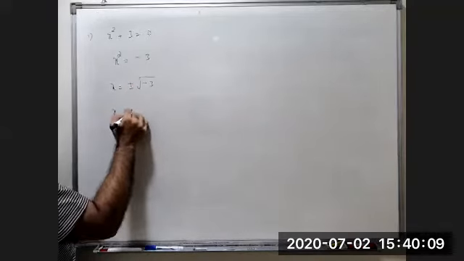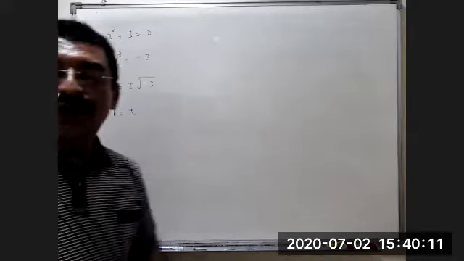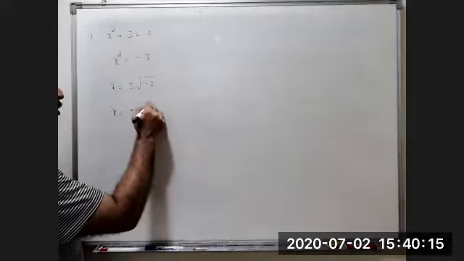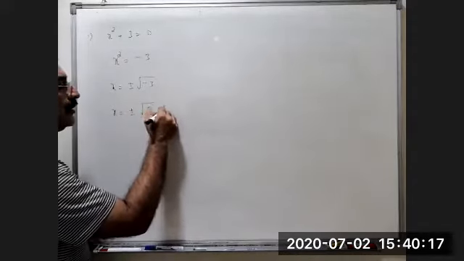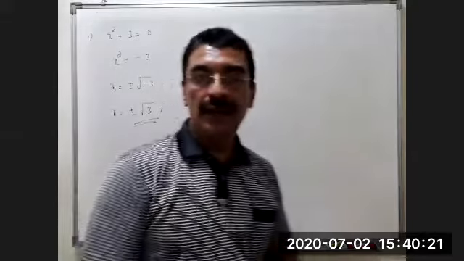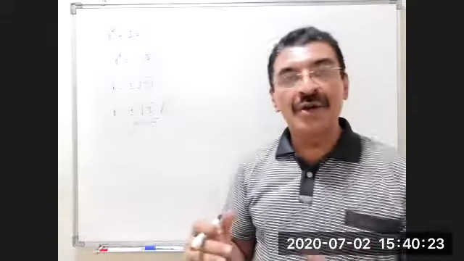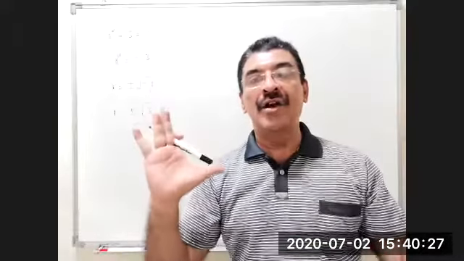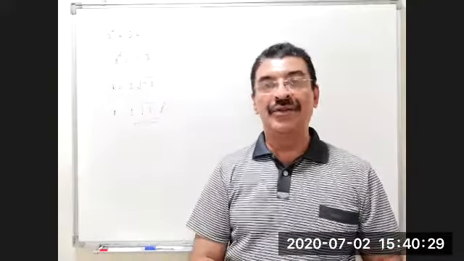Again, root of minus 3, how do we write? Root 3, that positive number, along with i. That's all. Plus or minus root 3 i. Finding the square root of a negative number means find the square root and put one i along with it. That is the square root of a negative.